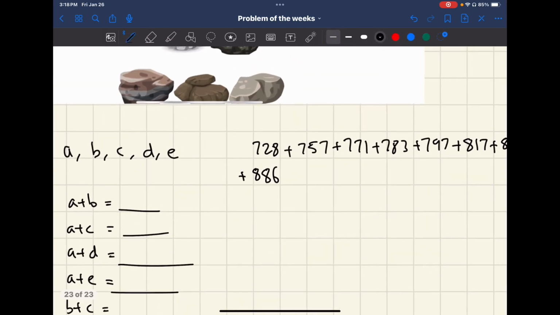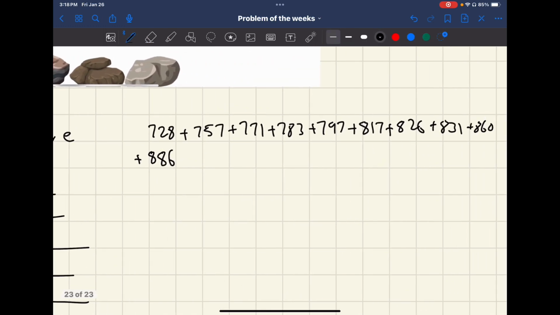Okay? So first thing I'm going to do is find the sum of this part, all the weights together that she got on the scale. So I'm going to take out my calculator and add all of the numbers together.